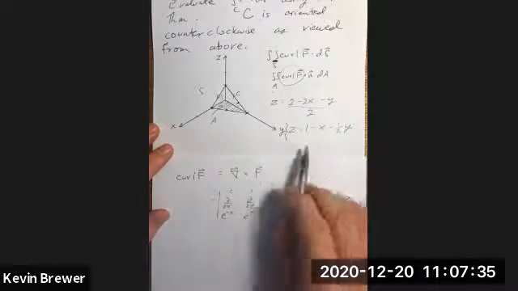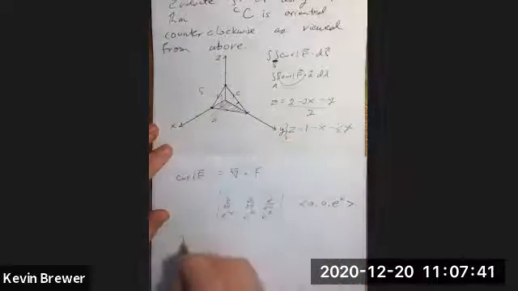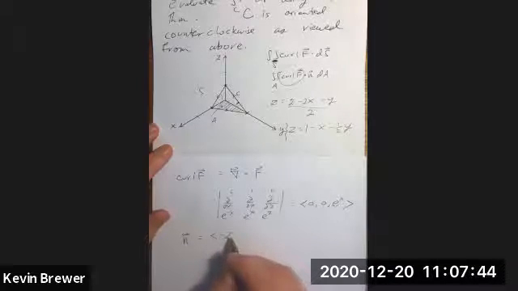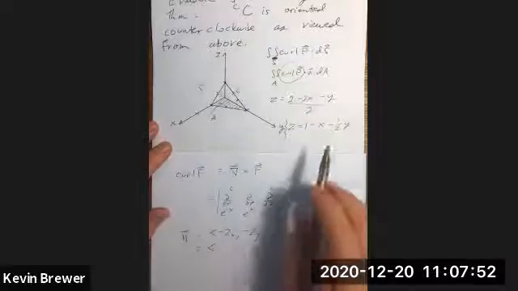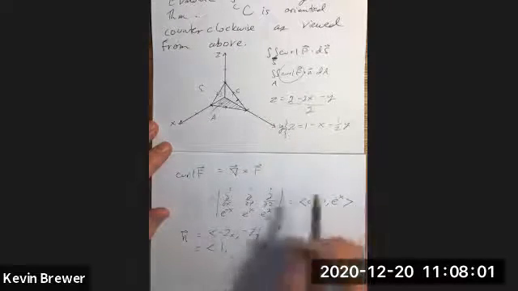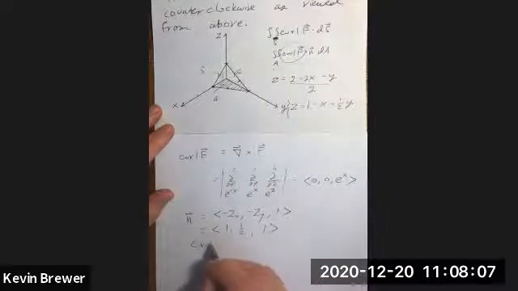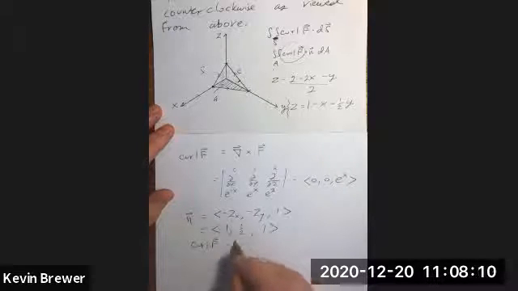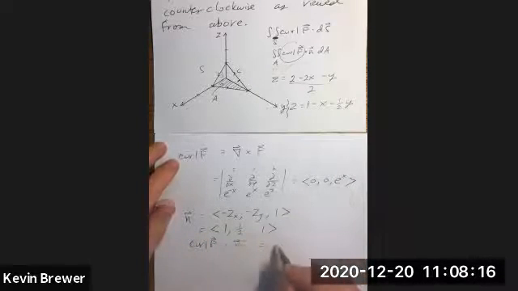And then for upward orientation, when you have z as a function of x and y, the normal vector, recall, is minus z sub x, minus z sub y, 1. So in this case, that's 1, 1/2, and then 1. So then curl of F dot n is just equal to e to the x.